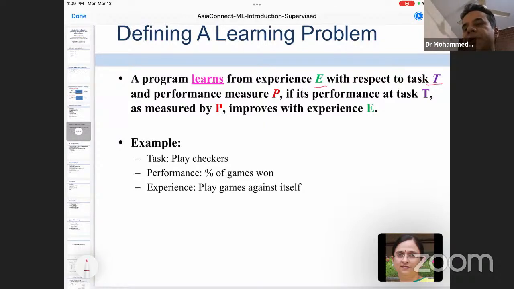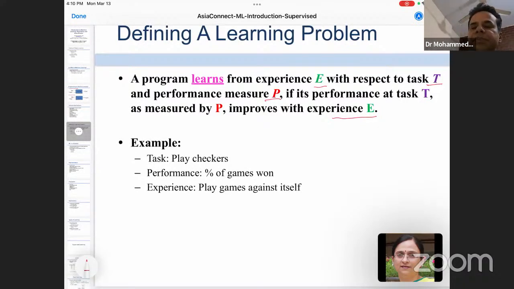If the performance of this program improves with the experience, I mean, improves with more data, then we call it learning. So here are three parameters: experience, that is data; a goal, which is T; and a performance measure, whether we have achieved the task or not. If with more data we can learn better, we call it learning.